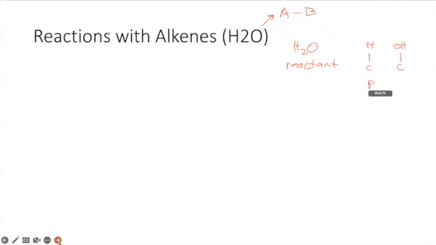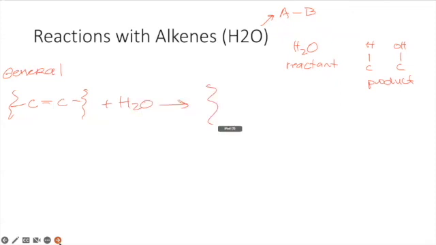And we're going to do 2 examples here. So in general, we have some kind of double bond plus water. And this is going to yield, we reduce that double bond to a single bond, and we add hydrogen to one and OH to another.